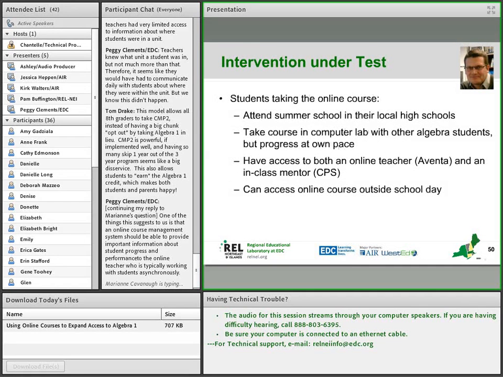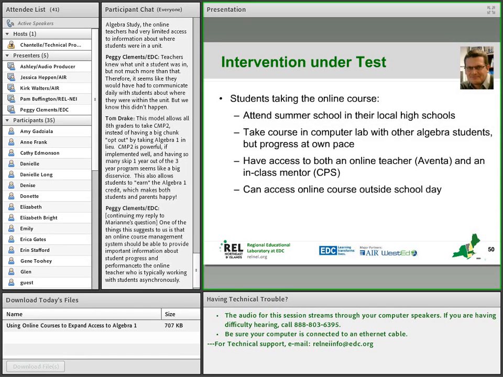In terms of how the course was structured, like the access to online algebra study, kids actually came to the building. It took place in their local high schools, often in a computer lab. And like the previous study, kids had access to an online teacher, this time provided by Aventa, as well as an in-class mentor, which was the Proctors, the term we used.